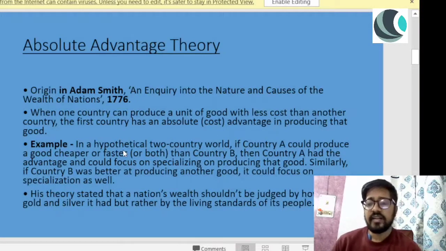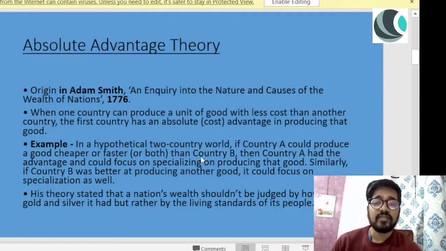We have taken an example as well. In a hypothetical two-country world, if country A could produce a good cheaper or faster than country B, then country A had the advantage and could focus on specializing in producing that. So this theory says if you have an advantage in producing one particular good, go on doing that, if you can produce it cheaper and faster compared to the other country, right?